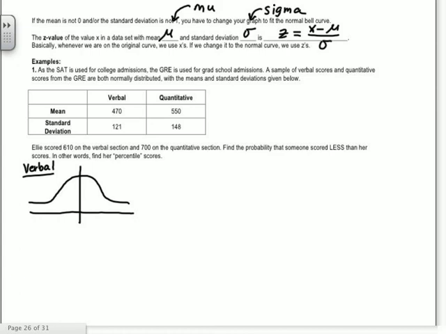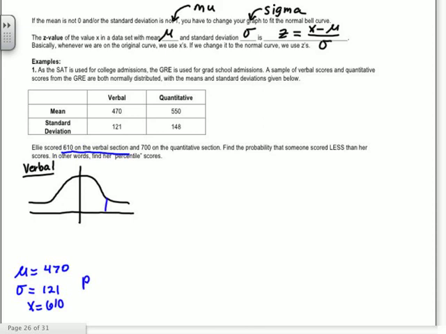We know that for the verbal, the mean, mu, is 470. The standard deviation, sigma, is 121. All right, my x value, she scored a 610 on the verbal section, so x is 610.